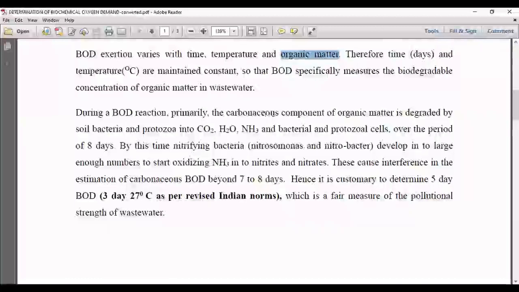During the BOD reaction, primarily the carbonaceous component of organic matter is degraded by soil bacteria and protozoa into CO2, H2O, and NH3 and bacterial protozoal cells over the period of 8 days. So initially, when the BOD reaction starts, that is the oxidation-reduction or decomposition of the organic matter, the carbonaceous compound is degraded with the help of bacteria like soil bacteria and protozoa.